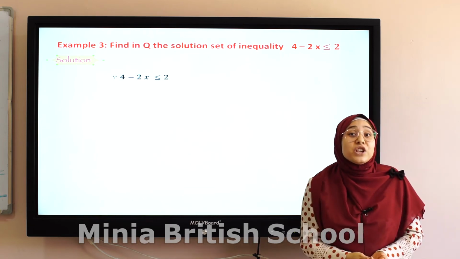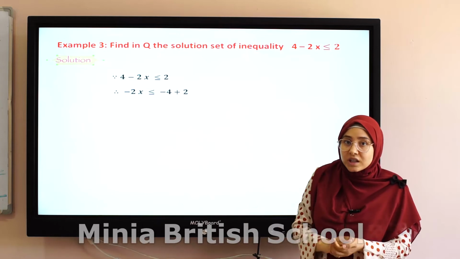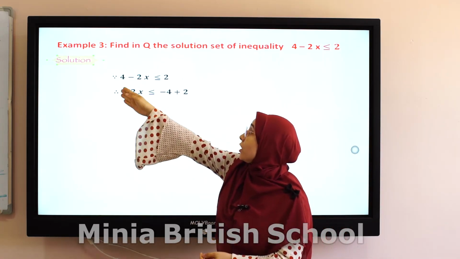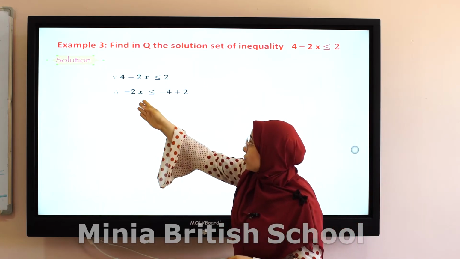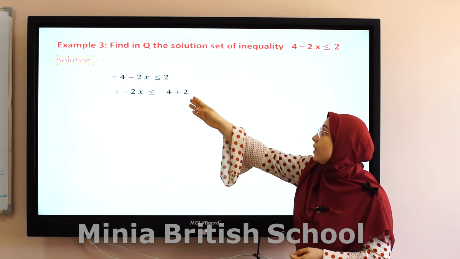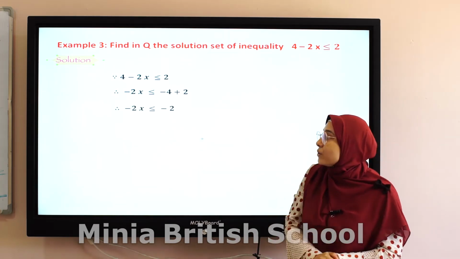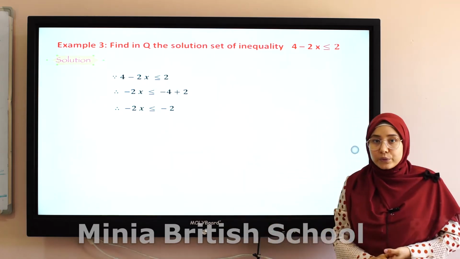Where is the constant here? 4 or -2? The constant here is 4. So I need to move 4 to the other side with the opposite sign. So -2x is less than or equal to -4 plus 2. So -2x is less than or equal to -2.